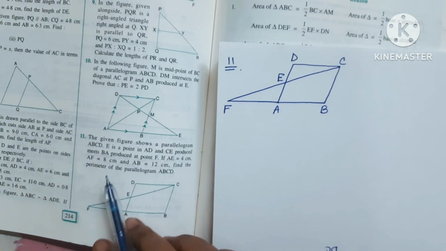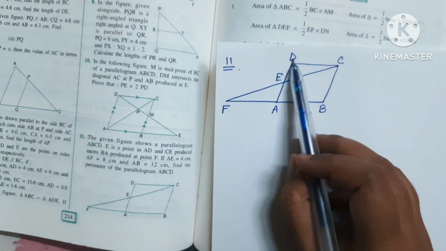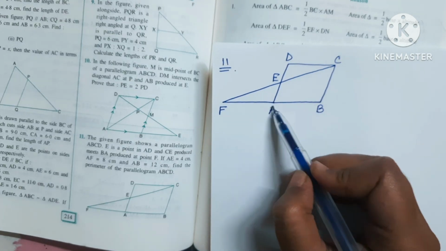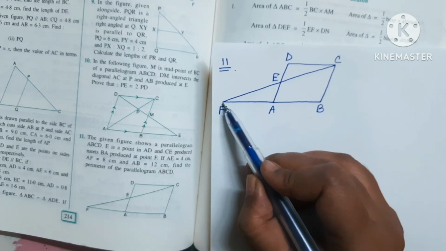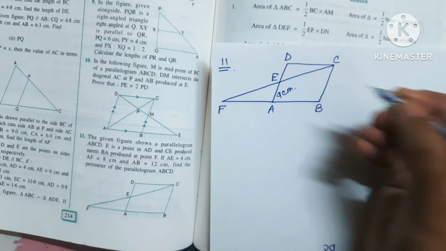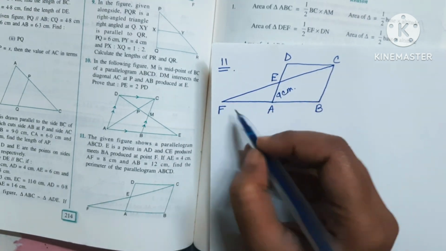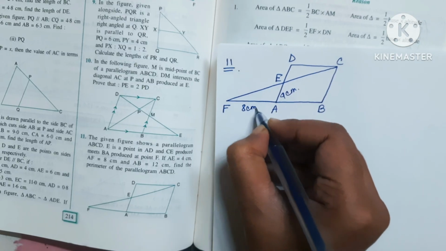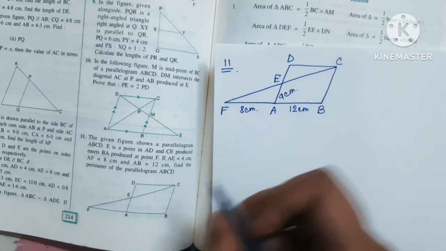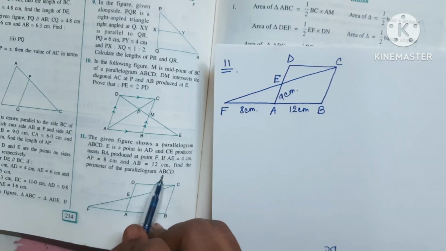In case of question number 11, ABCD is a parallelogram. Extension of CE and extension of BA intersect at the point F. Okay, now AE is 4 centimeter. AF is 8 centimeter. AB is 12 centimeter. Find the perimeter of the parallelogram ABCD.